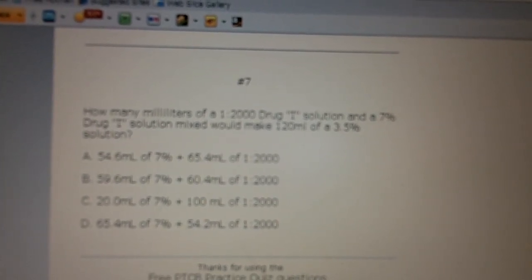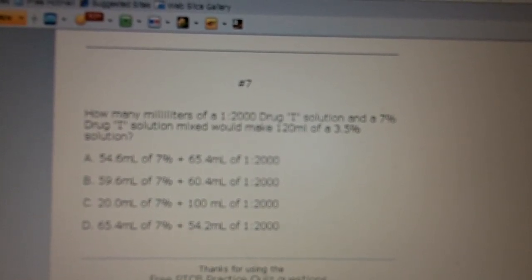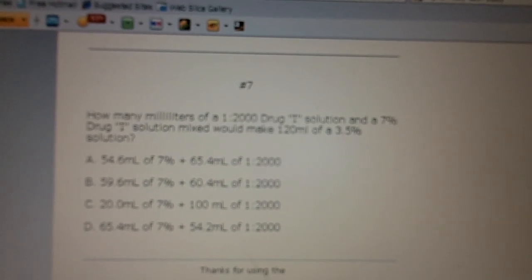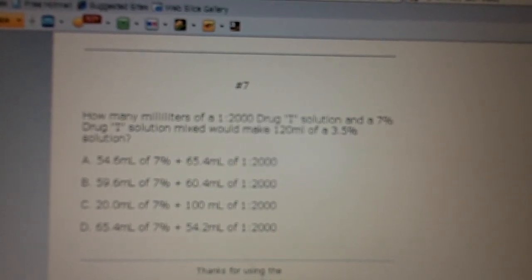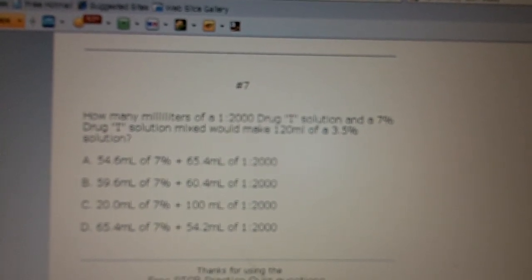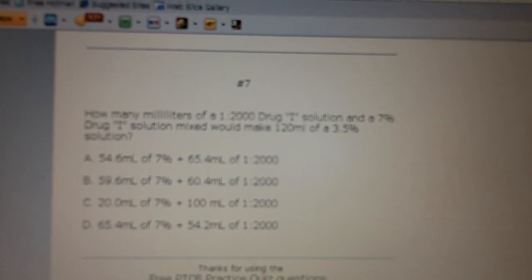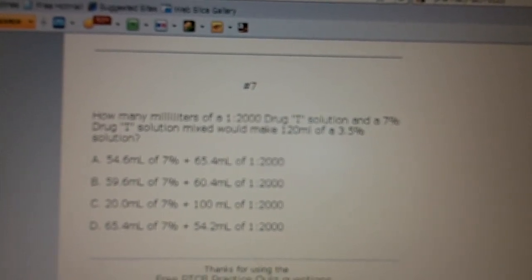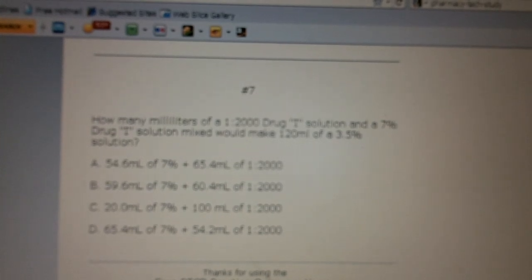So then I also see that we're dealing with a 7% solution as our higher strength, and we're trying to mix a 3.5% solution, which is almost exactly half. Well, it is exactly half, not almost. And so I would do a little bit of process of elimination if I just wanted to answer this and move on.